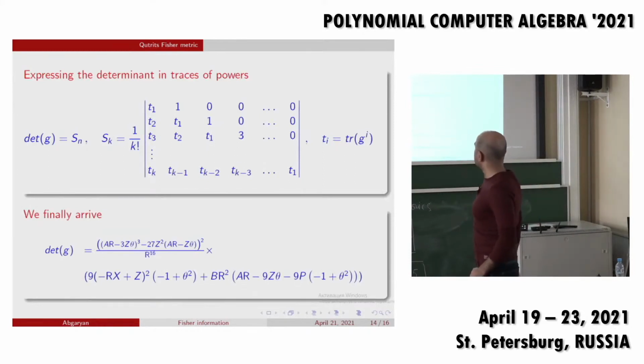We represent it by the traces of some orders of the matrix itself, and after some pattern matching programming, we get a final result which is very simple, even though Mathematica was not able to directly compute this. I already finalized this program, and I hope that soon enough it will be available together with the publication of this paper, so people can do that for other dimensions too.